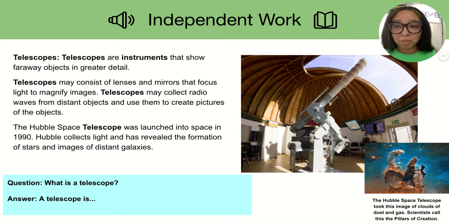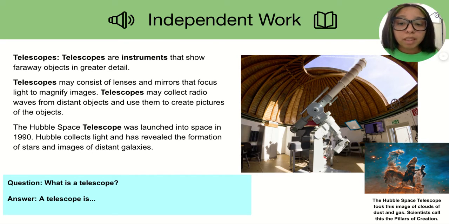All about telescopes. Telescopes are instruments that show faraway objects in greater detail. Telescopes may consist of lenses and mirrors that focus light to magnify images. Telescopes may collect radio waves from distant objects and use them to create pictures of the objects.